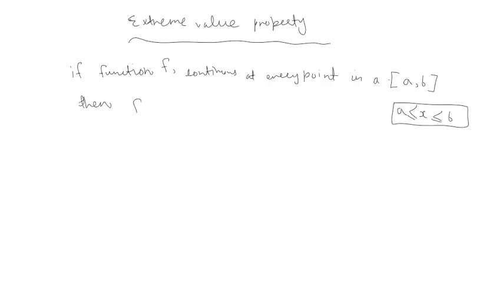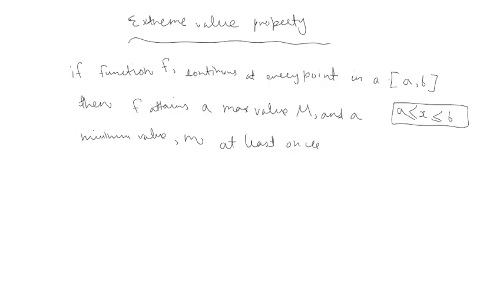then f attains a maximum value M that we talked about in the previous section, as well as a minimum value, which is small m, at least once in the interval. Again, if you think about it, this is something very fundamental.